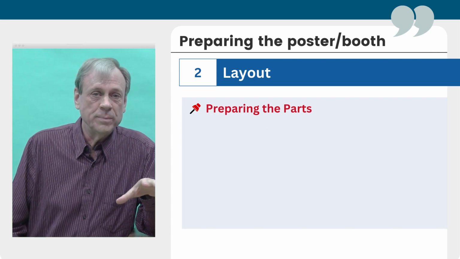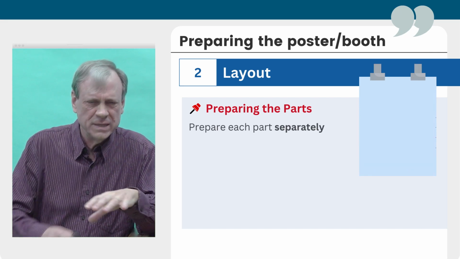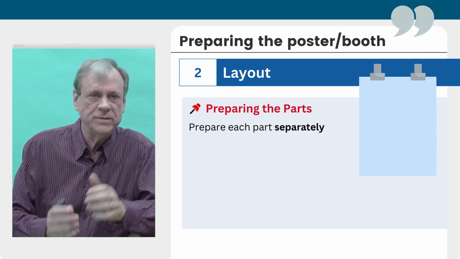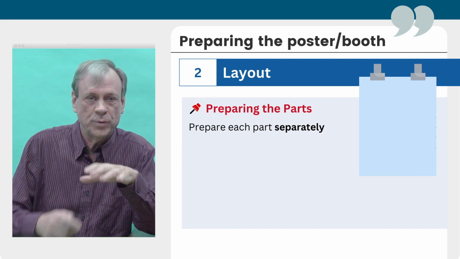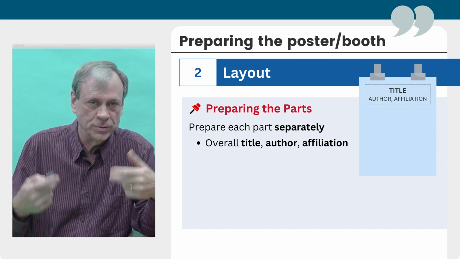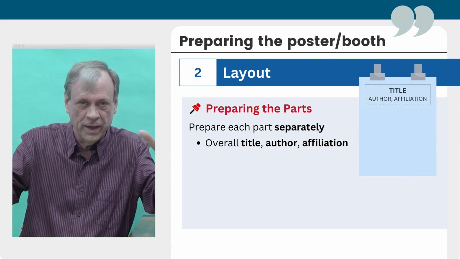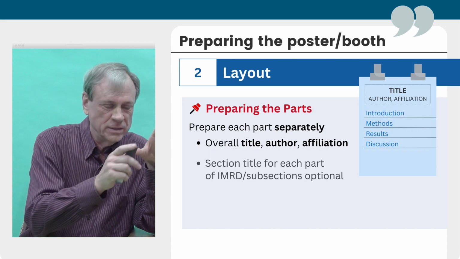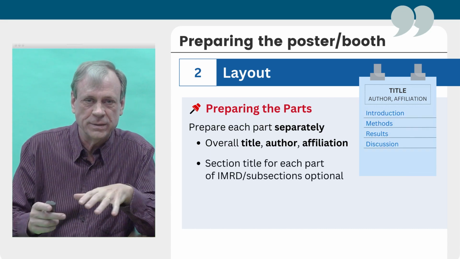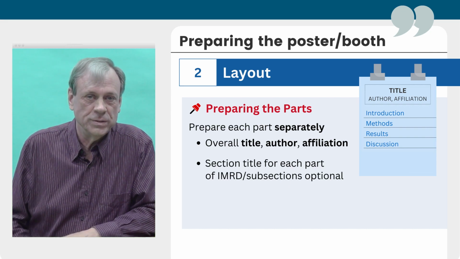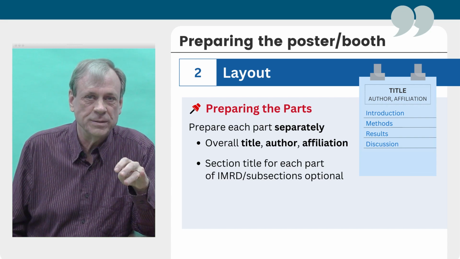Now, in preparing the parts, the best thing is instead of laying out the whole poster as one poster, prepare individual sections. So prepare one block that has the title of the poster, your name, your affiliation, all that for the top of the poster. And then other parts for the introduction, materials, methods, all of the different parts of the research should have a separate section.